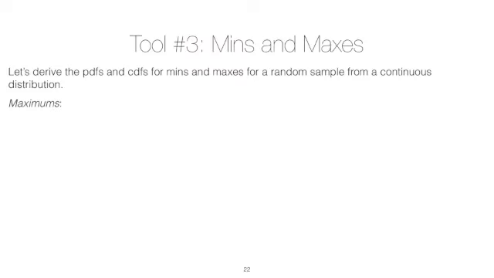In this video, let's try to derive the PDF for the maximum of a sample. Just some notation, we'll let x1 through xn be an IID sample, so independent and identically distributed, from some distribution.